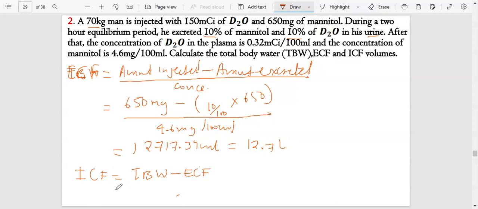The total body water we found to be 42.2, and ECF we have found to be 12.7. That gives us about 29.5 liters, which is the ICF volume.